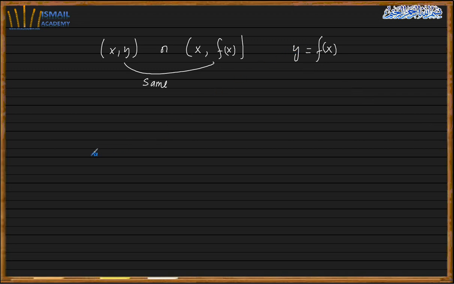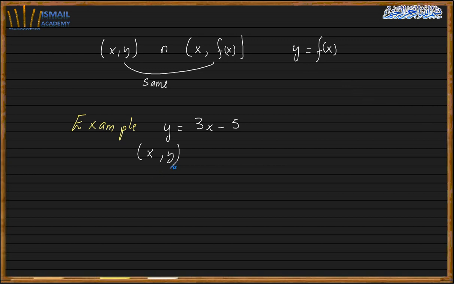So let me give you an example. Suppose they give me this function, y equal 3x minus 5. The solution of this type of equation is the ordered pair x, y.